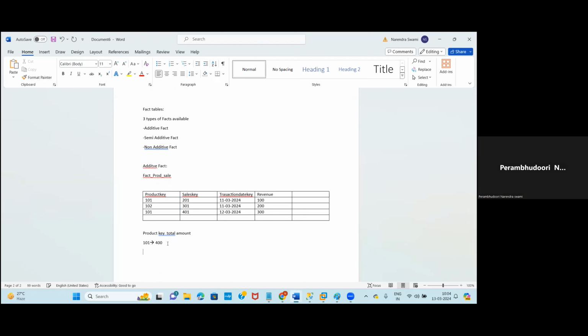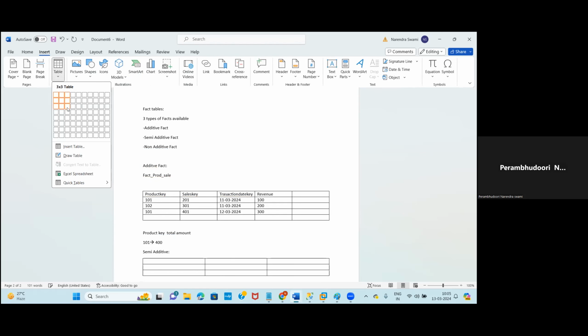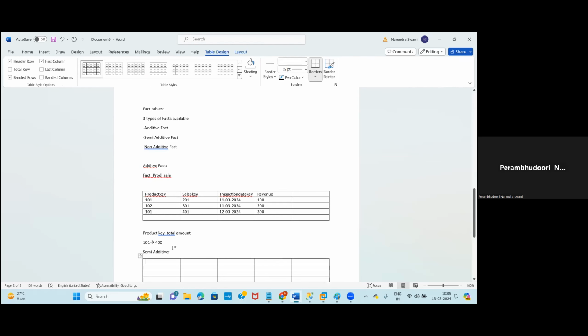Okay, when it comes to semi-additive, right? Semi-additive is something like this. I will take one more example. We have a table called account.